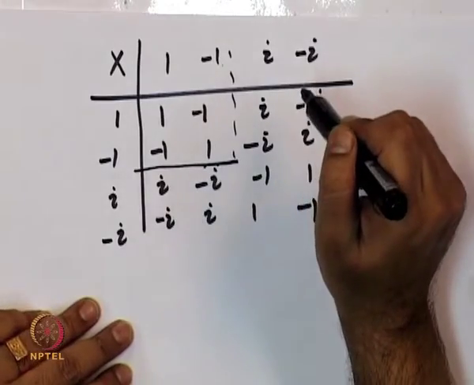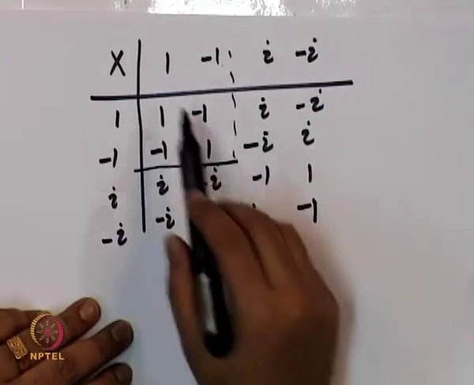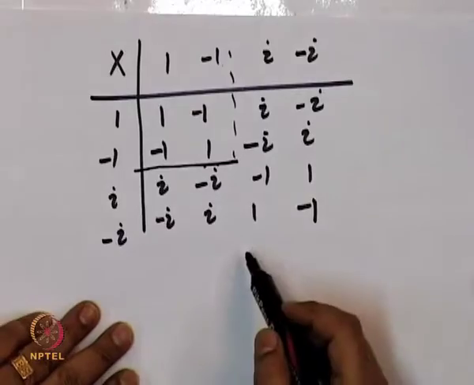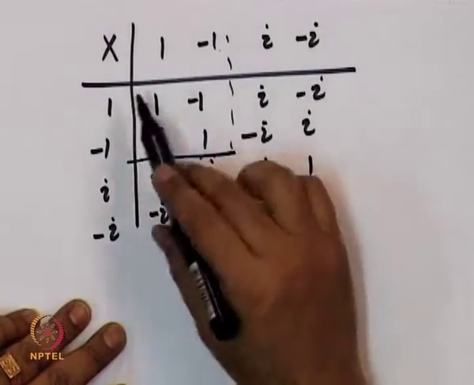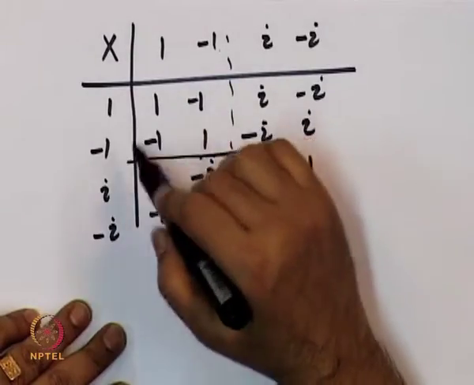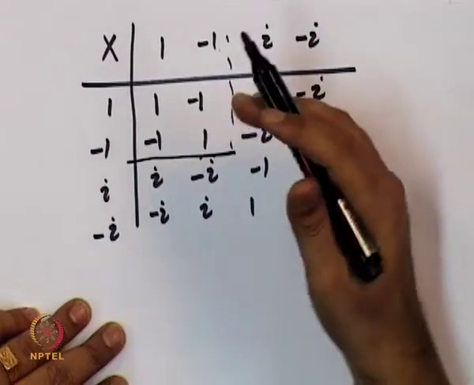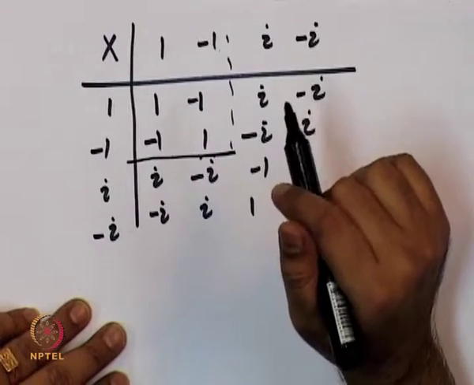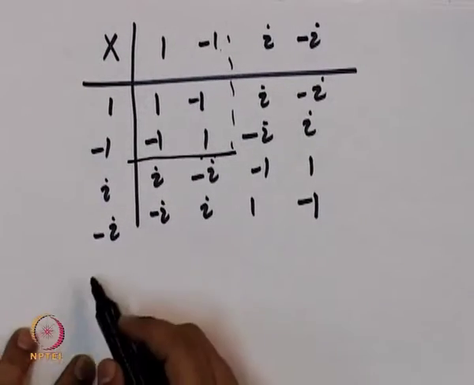Okay. And then of course, the entire 1, minus 1, i, minus i becomes a trivial subgroup, and the smaller one is known as a proper subgroup. So, within a group, a set of elements which form a group is known as a subgroup.